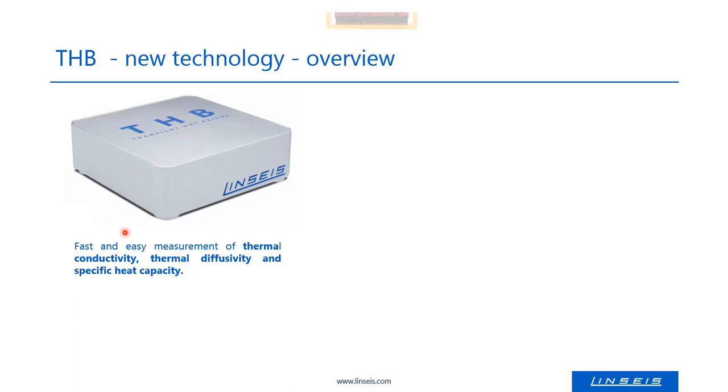There you get the thermal diffusivity as a result and not the thermal conductivity. But also for the THB, we can measure the thermal diffusivity, and if we know the density of the material, from the thermal conductivity and diffusivity, we can calculate also the specific heat capacity, which is quite a useful information.